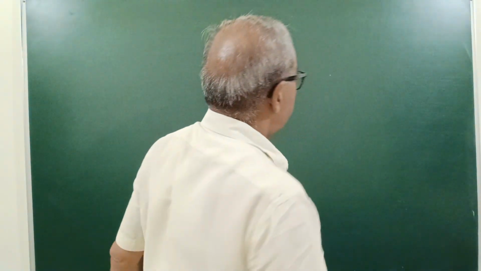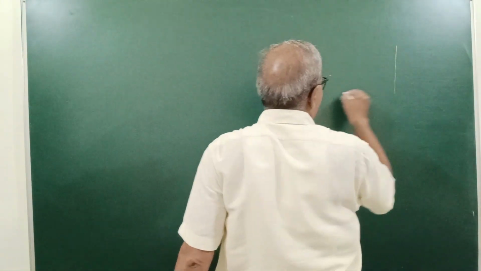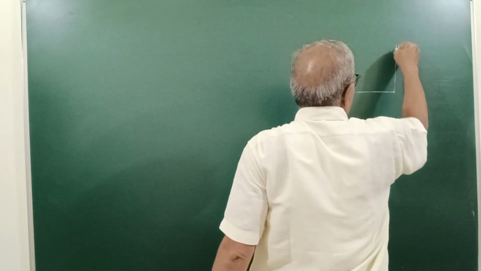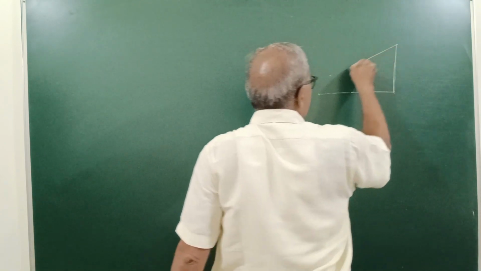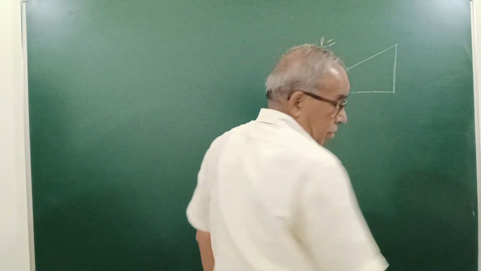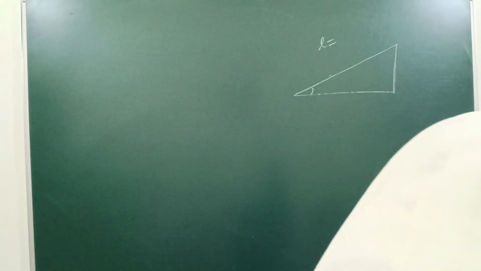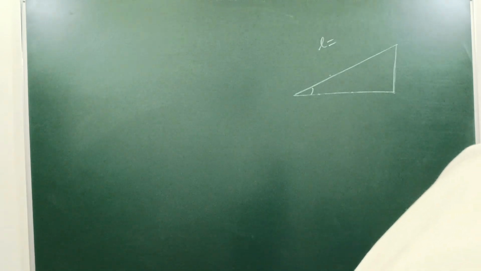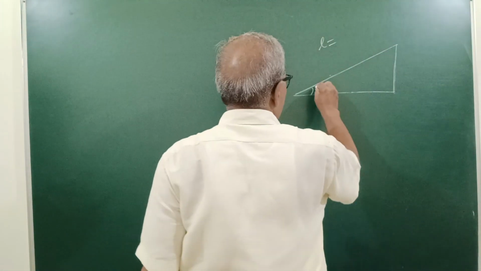Here is an inclined plane. The length of this inclined plane is 20 meter, and the inclination is 30 degree.